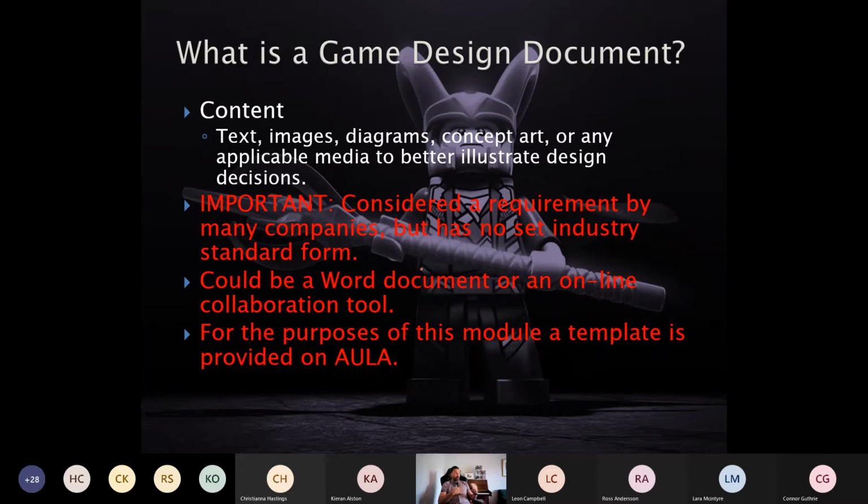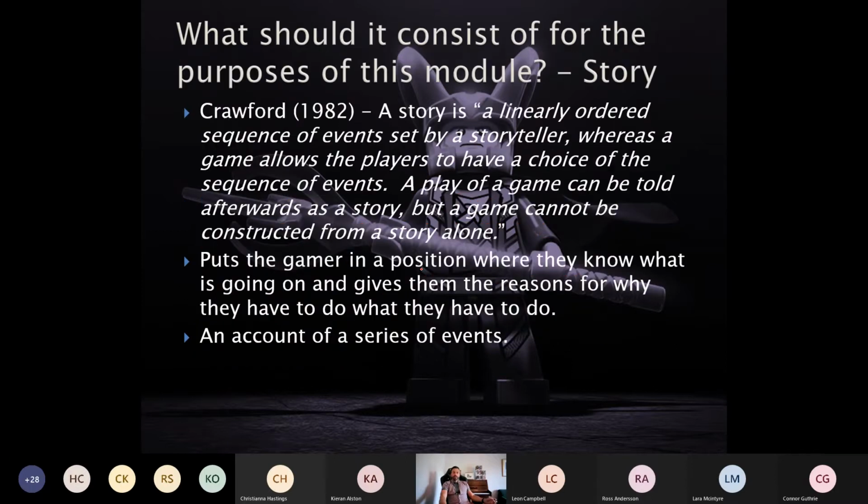If they do have a format for these things, they certainly don't publicize them. And probably due to the creative nature, it is quite difficult to standardize them, if that makes sense. So for the purposes of this module, a template is provided on Aula. I hate saying that word.